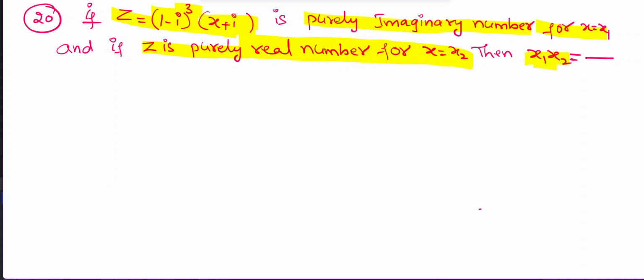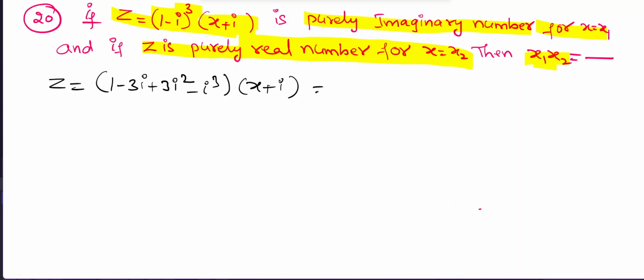This is the question. Z is equal to (1 minus i) whole cube. This is 1 minus 3i plus 3i square minus i cube, into (x plus i).